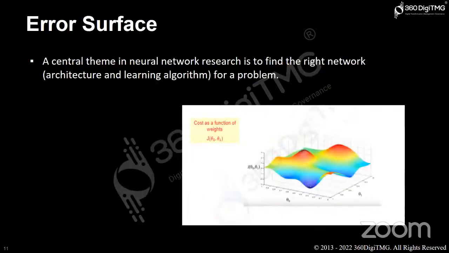So this is an error. You're visualizing a 3D plane here that is displaying some sort of error. Error is very useful. An ideal error will have one minimum value, and you want that value to be 0.